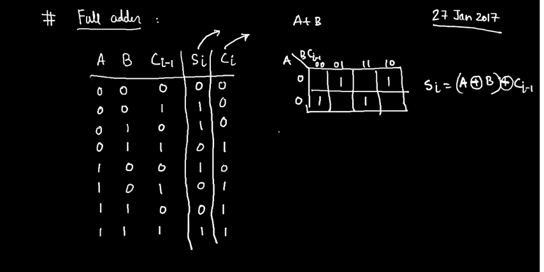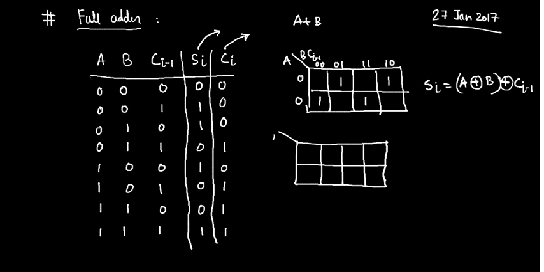Then for the carry, we got some expression, right? What was that? Turn your pages, tell me the expression. B C of I minus 1, 0, 0, 0, 1, 1, 1, 1, something like that.